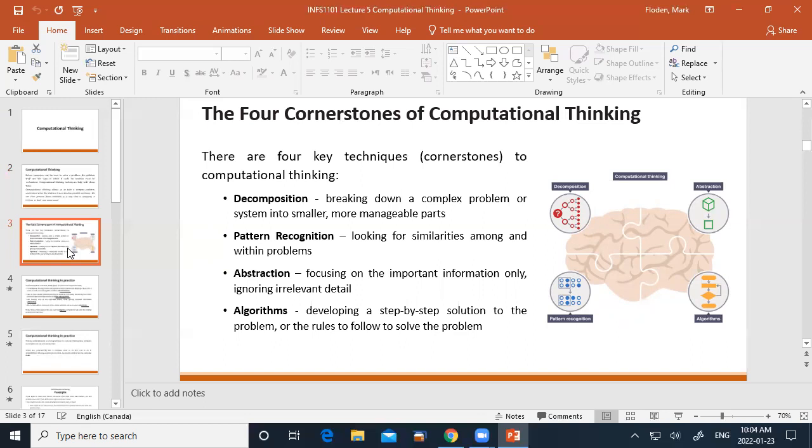Or more likely, you'll have an idea, like looking for similarities within problems. A, decomposition. B, pattern recognition. C, abstraction. D, algorithms. And then you'll have to choose, well, the right one is B. You get the idea? So you do need to know these terms and be able to relate to them. Now, the diagram on the right actually helps too.